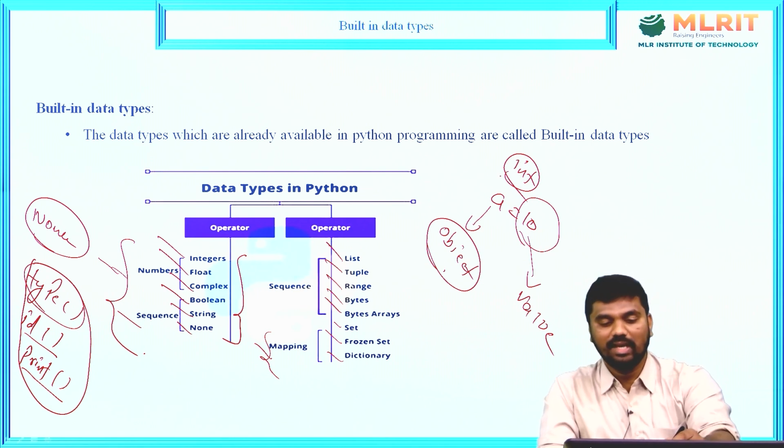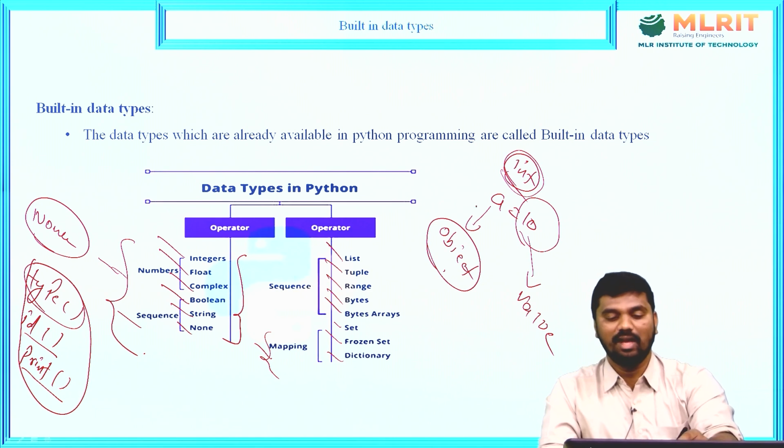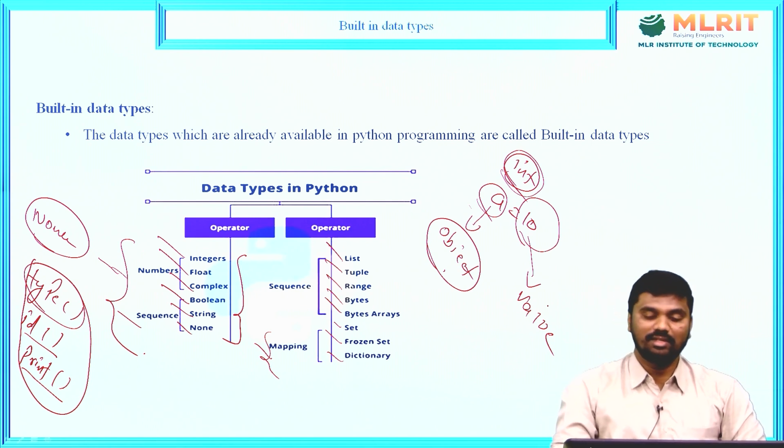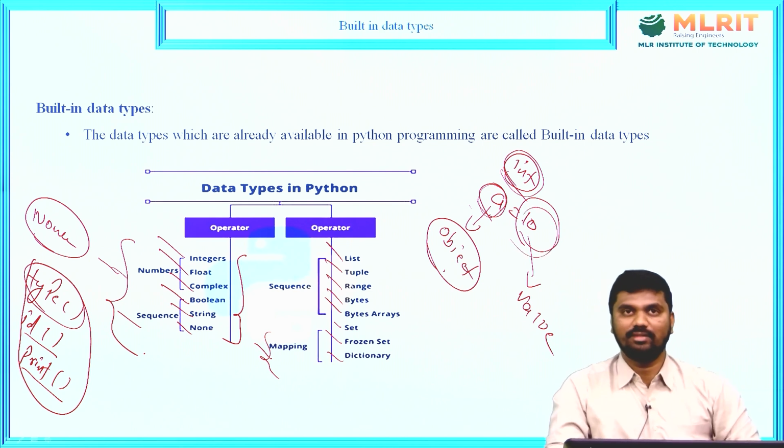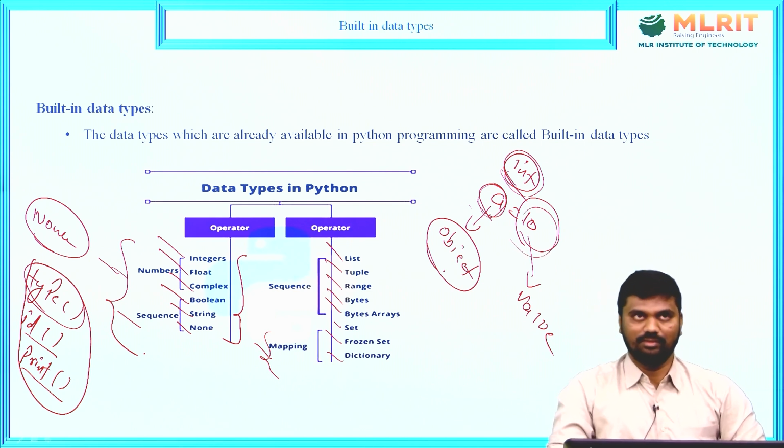So the data type is considered a class and the variable is considered an object. Based on these statements, we can say that everything in Python is an object. In the int class we created an object named a, and in that object the value 10 is stored.